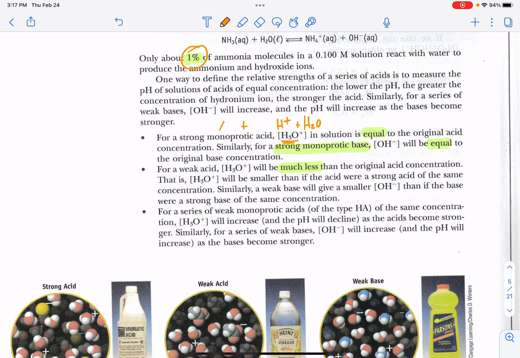So, for example, if I have 100 HCl's, I'm going to get 100 H pluses and 100 Cl minuses in the solution. So if my original concentration, for example, was 0.1 molar hydrochloric acid, that means I have a 0.1 molar concentration of hydrogen ions and a 0.1 molar concentration of chloride ions.